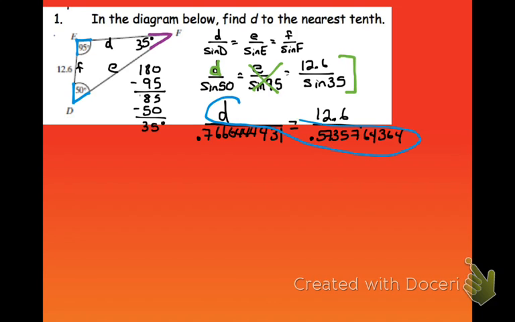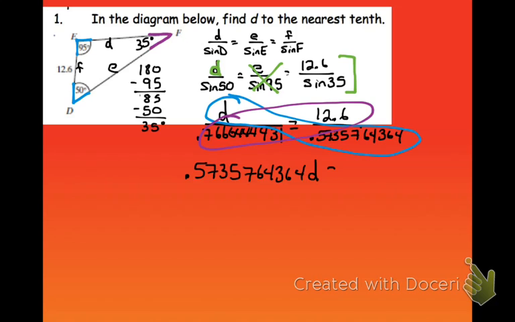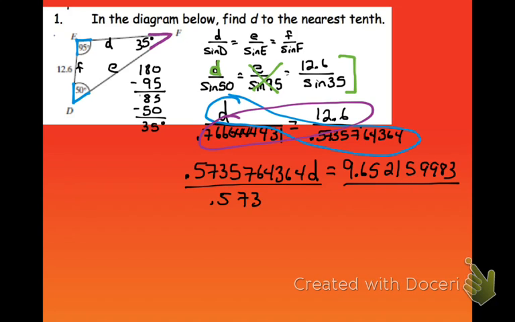So I'd multiply these two, I would multiply these two, and I end up with 0.5735764364 d equals, and when I multiply those other two, it's 9.652159983. The last thing I need to do is divide, and you would write this whole thing down again.